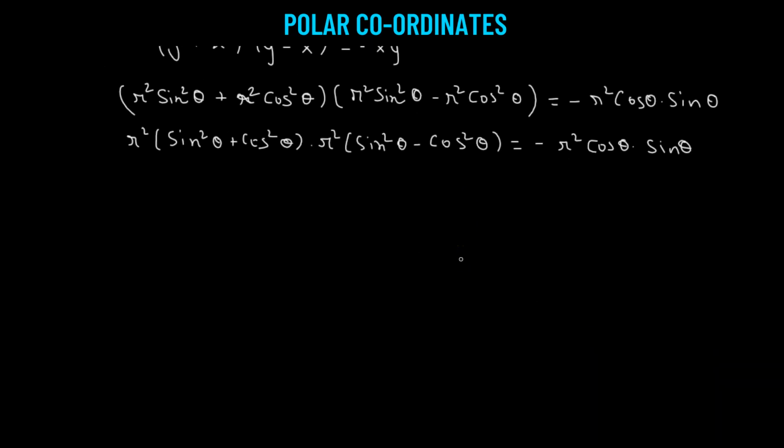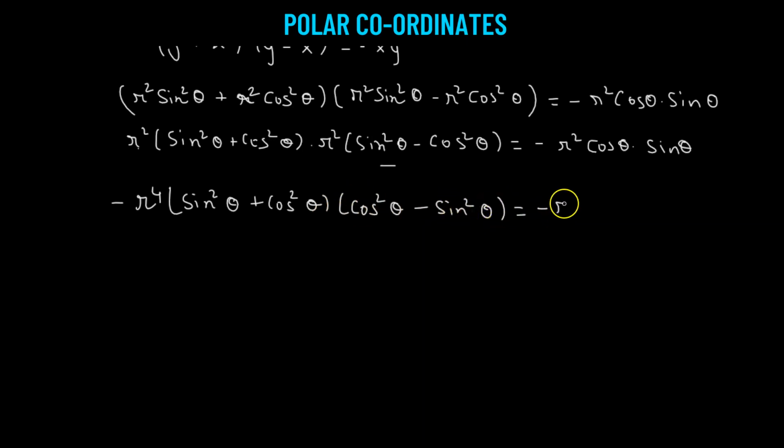Now we'll do one more adjustment here. We're going to take negative as the common factor, so with negative, r squared times r squared is going to become r raised to the power of 4. This will get multiplied by (sine squared theta plus cosine squared theta) whole multiplied by (cosine squared theta minus sine squared theta), which equals negative r squared times cosine theta times sine theta.